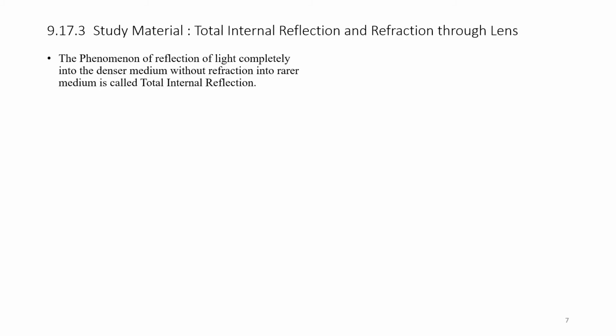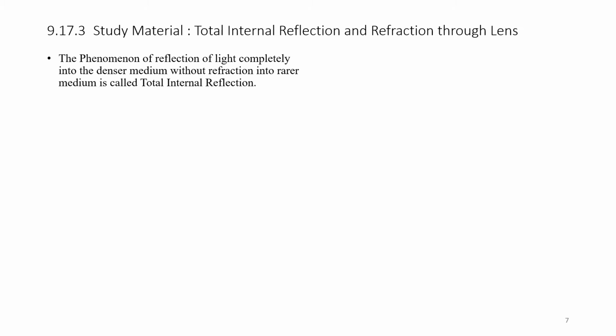The phenomenon of reflection of light completely into the denser medium without refraction into the rarer medium is called total internal reflection. That is, when light travels from a denser to a rarer medium, and because of the angle of incidence the light ray is reflected back into the denser medium itself, it is called total internal reflection.